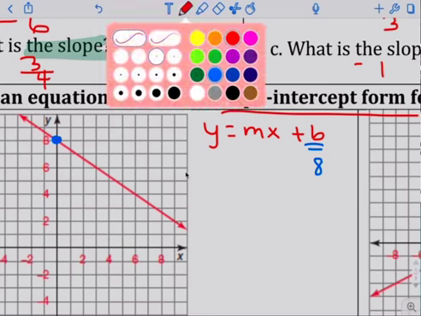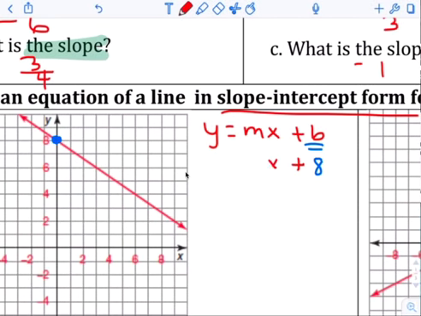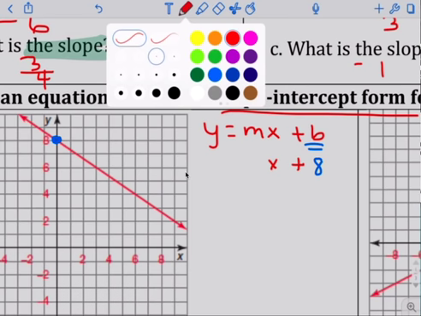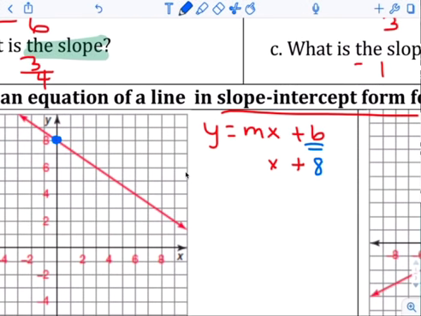Bring down that plus sign. Bring down the x. We need to find the slope. Another point. No, not at 1. That's not at 2. 3 yet, right here. Right there. And right there. Notice it's every 3. 3, 3, and 3.